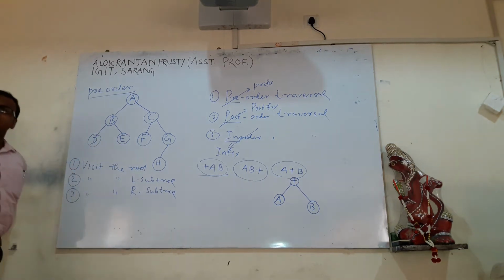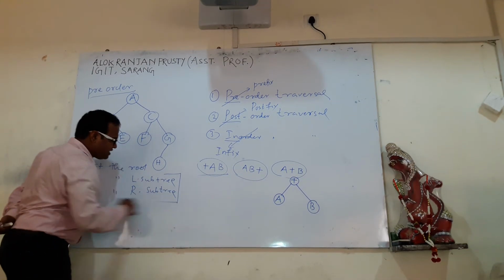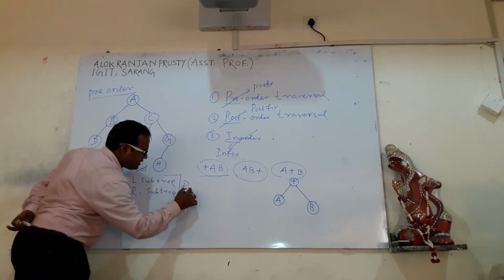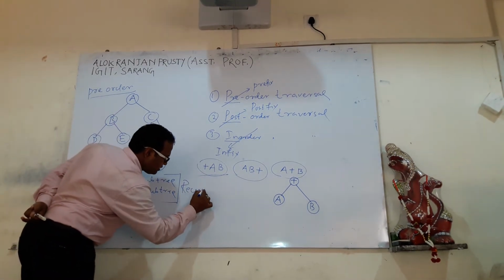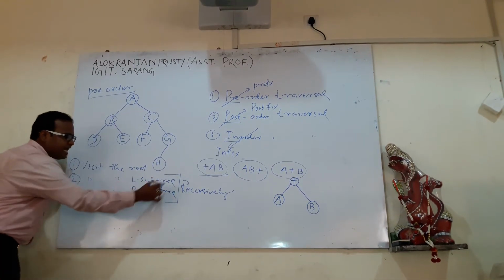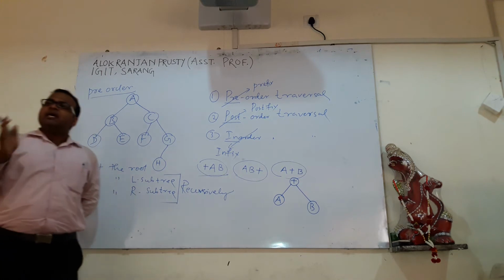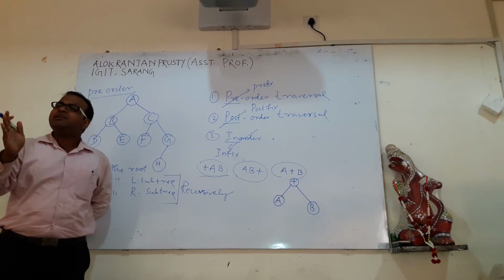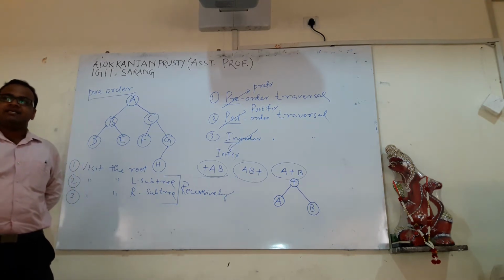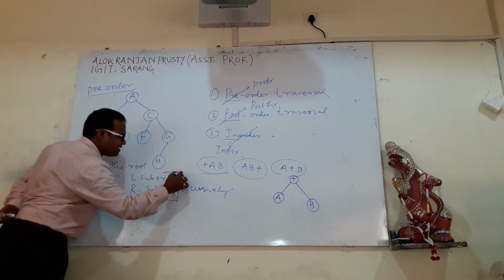But the important point is what? We can make this traversal of left subtree and right subtree recursively. Why recursively? Because the left subtree and right subtree are both themselves a tree, and they have a root node, left child and right child. So we have to do this recursively.